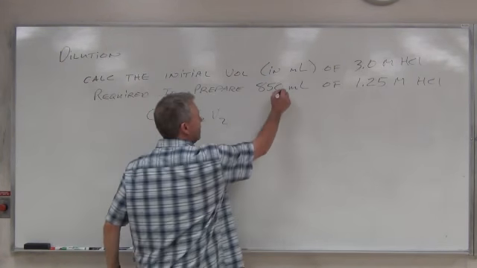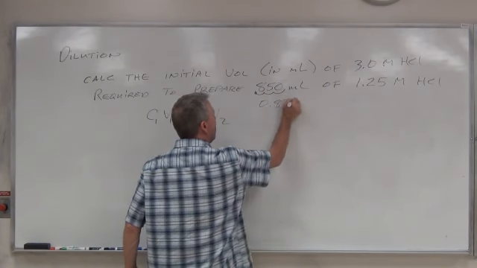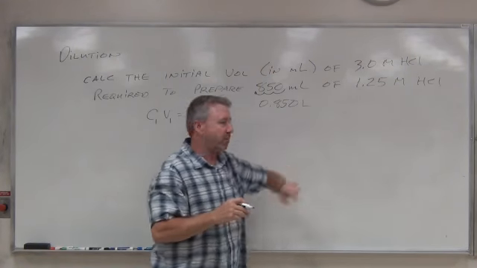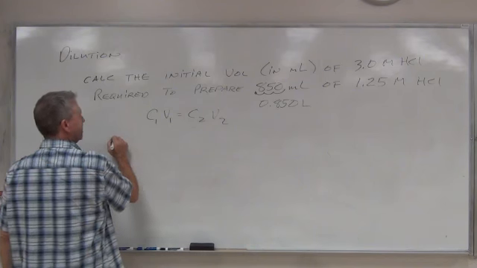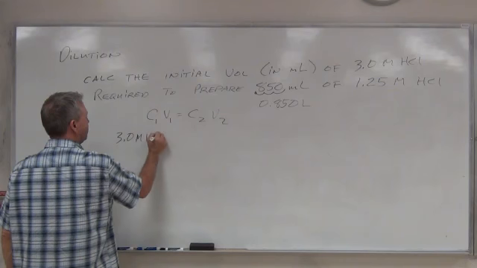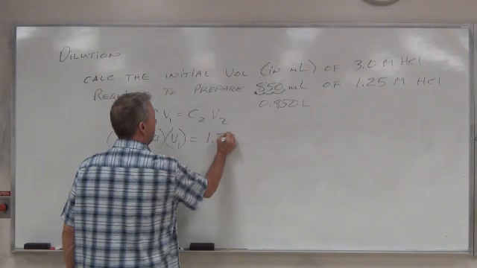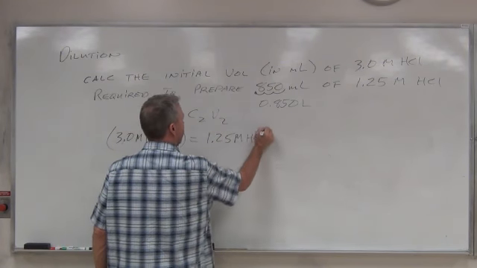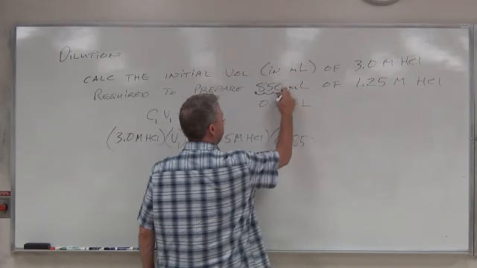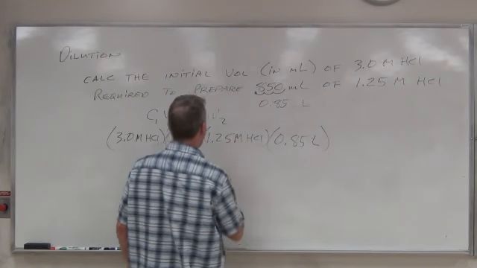So I'm going to convert this right off the bat to liters. And I can see that this volume goes with this molarity. So I'm going to have concentration 1, volume 1, I don't know. Concentration 2, 1.25 molar HCl. Volume 2, 0.85. Actually, I didn't have to include that 0, right? Because there was no decimal point to start with there.